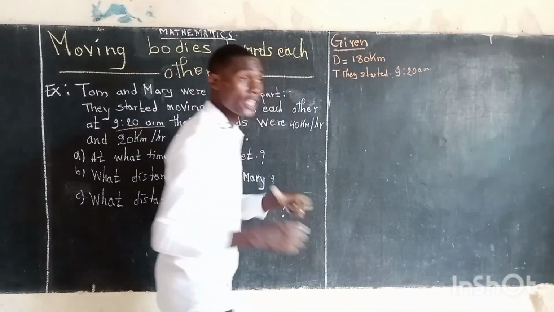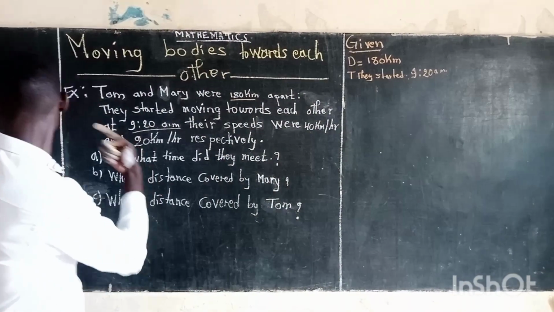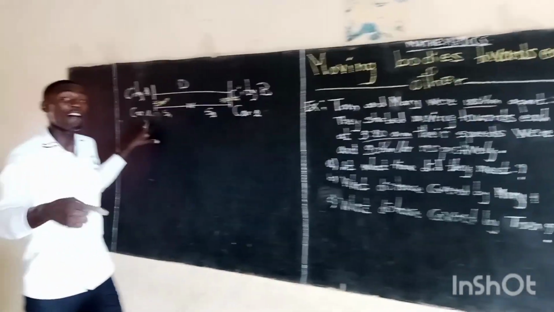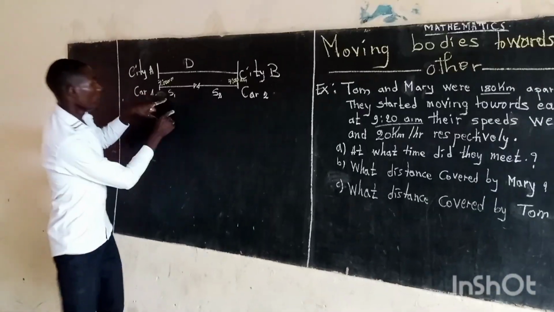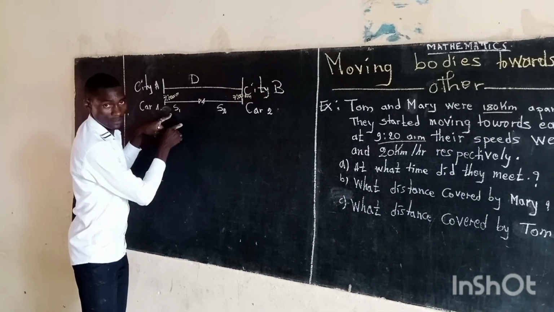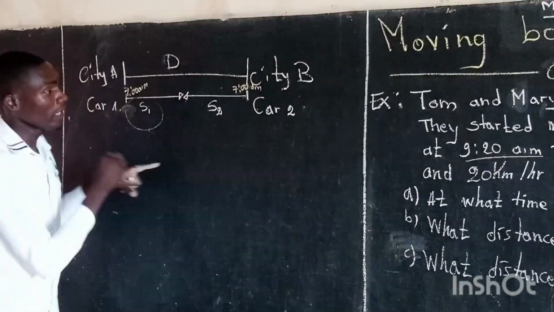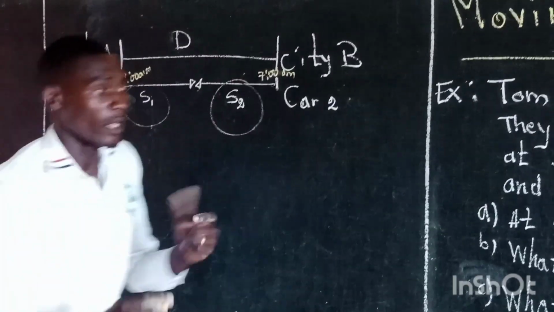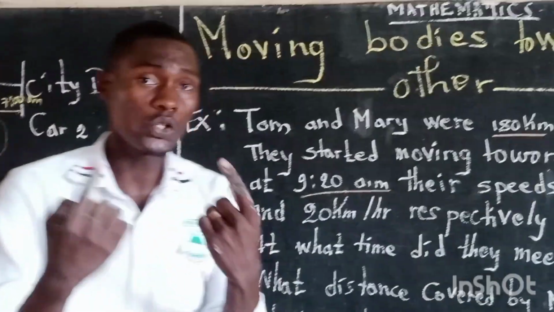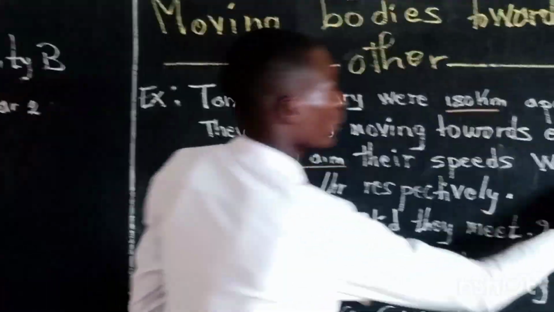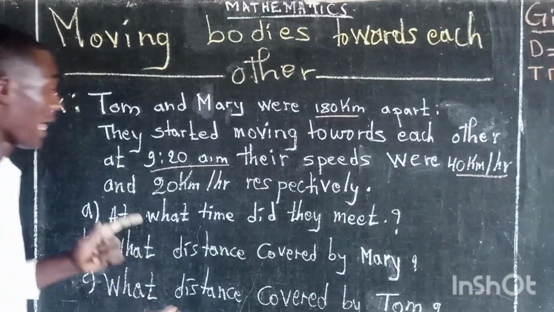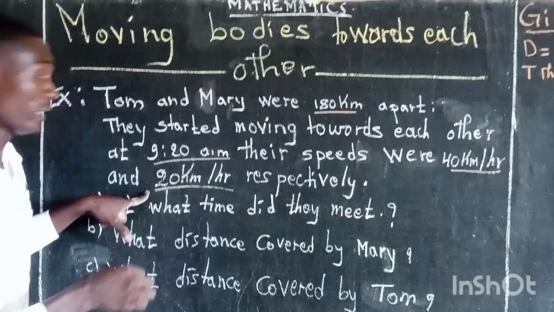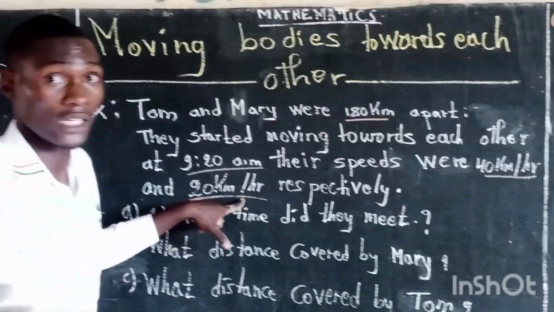As I told you at the first, everyone should have his or her speeds. We have speed 1 and speed 2. Here also we have two speeds. The first one is 40 kilometers per hour for the first person, and we also have 20 kilometers per hour for the second person.